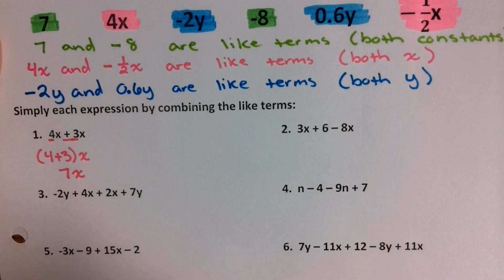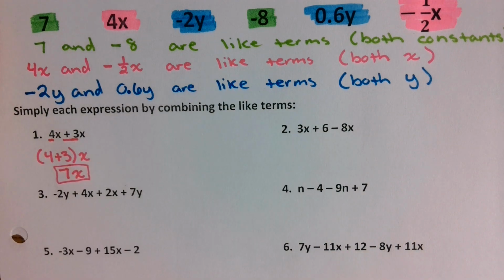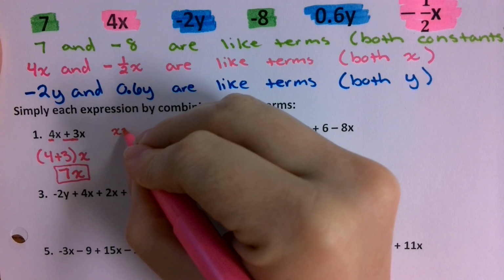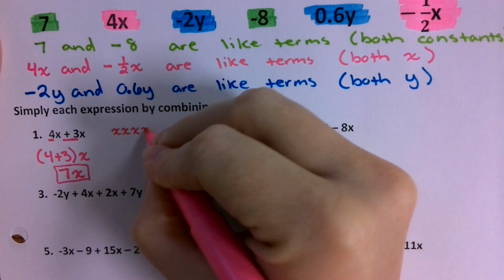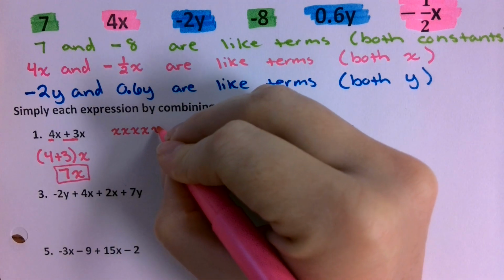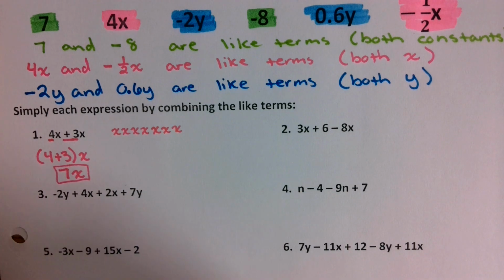That means I have 7x as my final answer. And again, if you need to see it visually, for 4x, I'm just going to draw out 4 x's. 1, 2, 3, 4. And I'm going to add 3 more x's on. 1, 2, 3. And then if I count all the x's together, that's 7 x's.